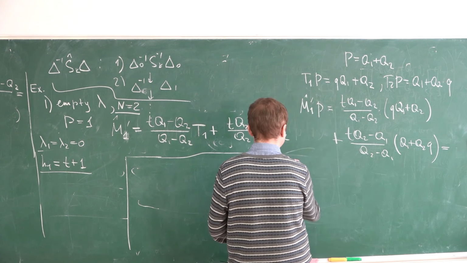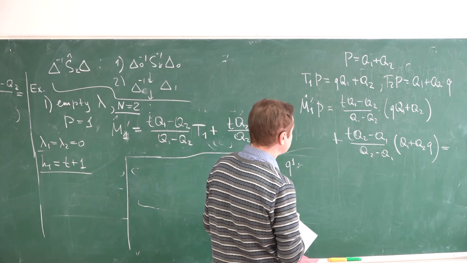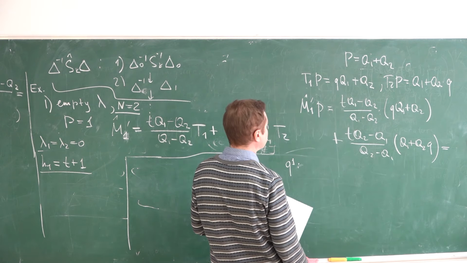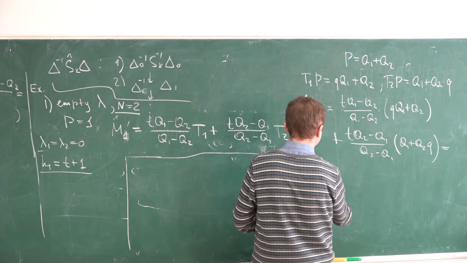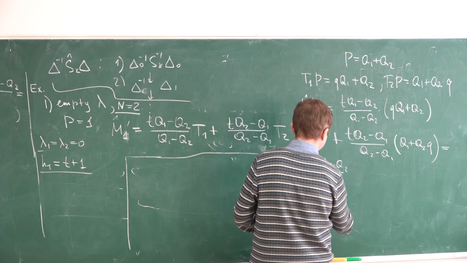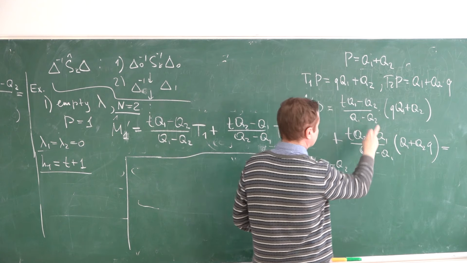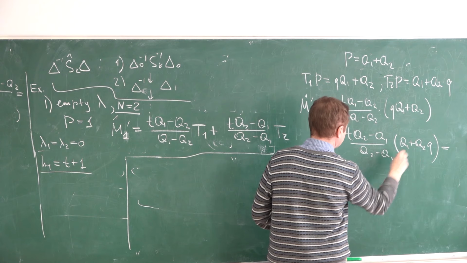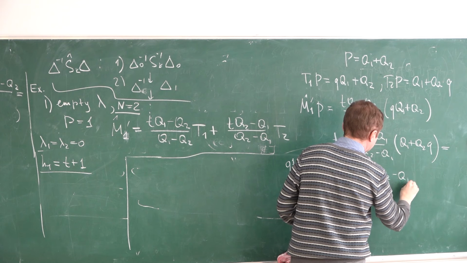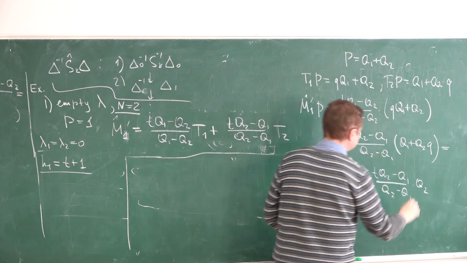Let us have a look at all terms corresponding to the first power of small q. What we have here is T Q1 minus Q2 over Q1 minus Q2 multiplied by Q1, plus this T Q2 minus Q1 over Q2 minus Q1 multiplied by Q2.